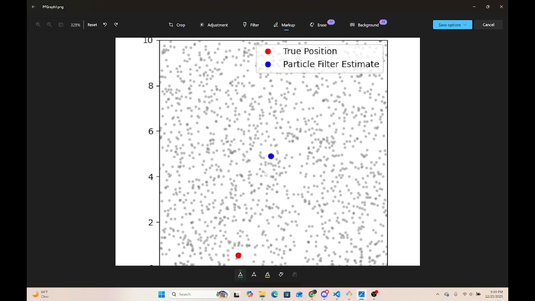All the particles that would read a distance of roughly 1 will be more likely than particles that do not. For example, in the middle, it's obvious that if the robot was at that location, it's not likely that the distance sensor would give us a reading of roughly 1.